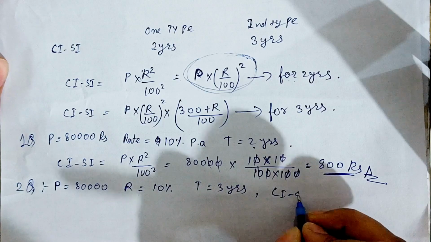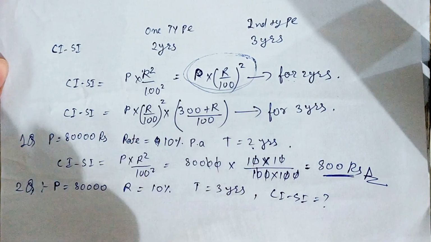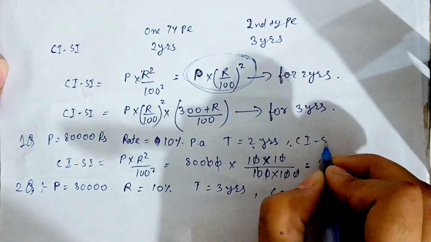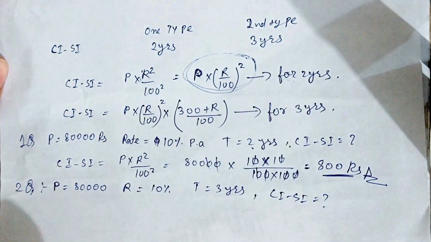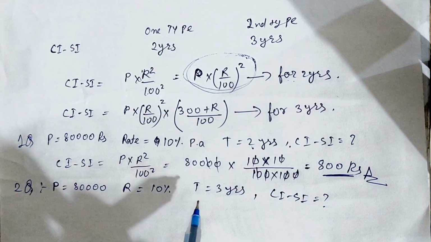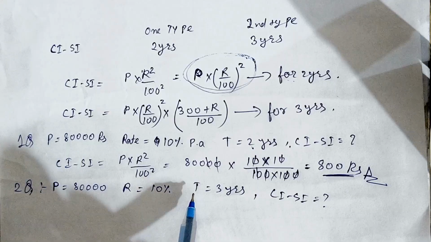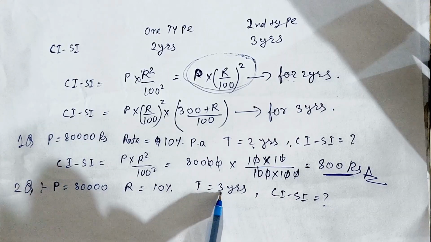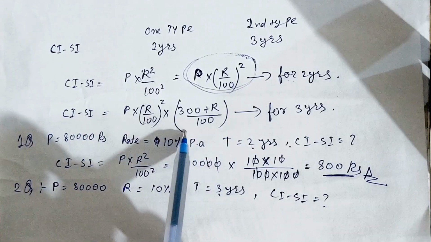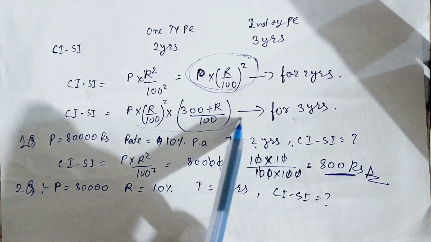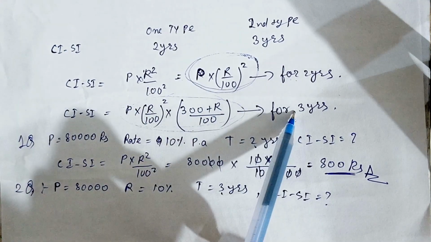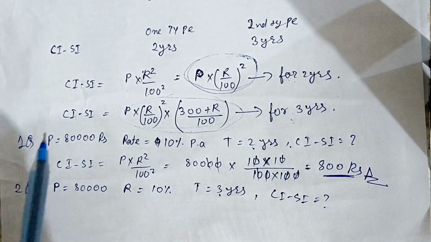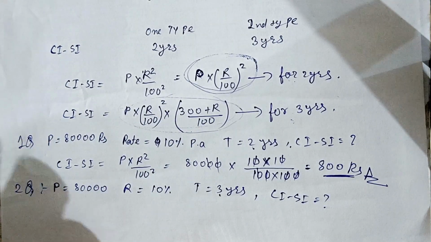CI minus SI, as in the first question. First you have to look at the time value. It is 3 years, so we use the formula for 3 years, for the difference between compound interest and simple interest.